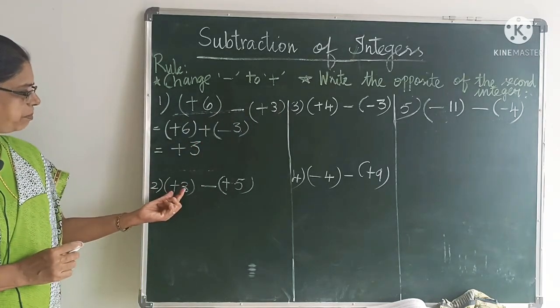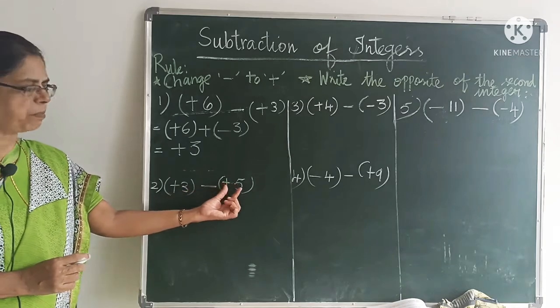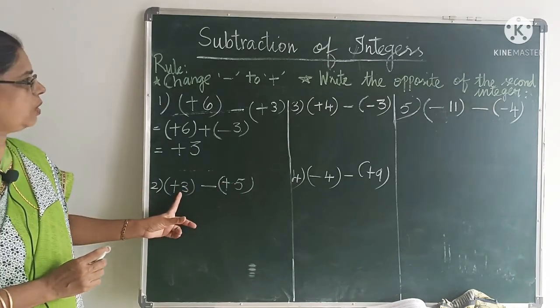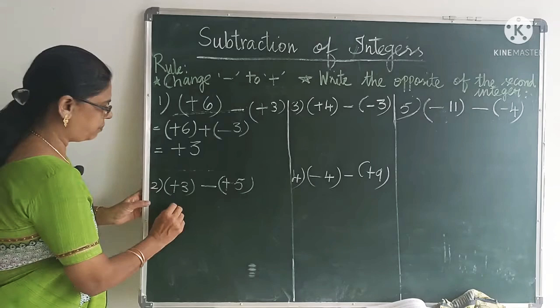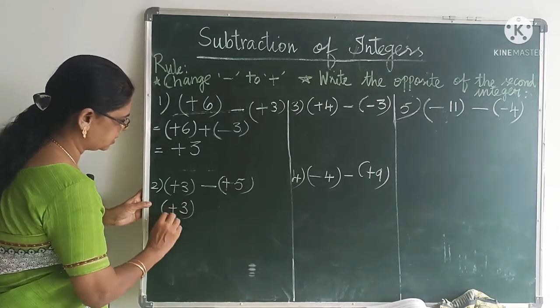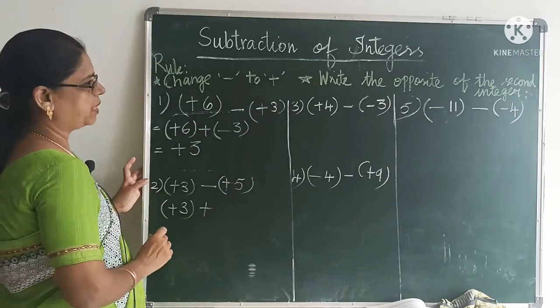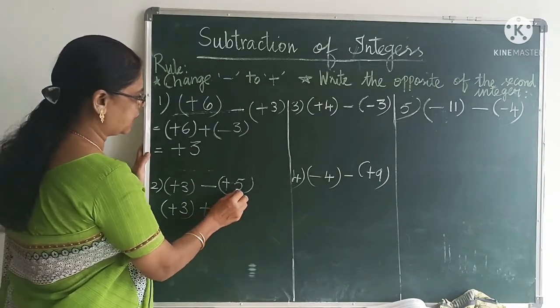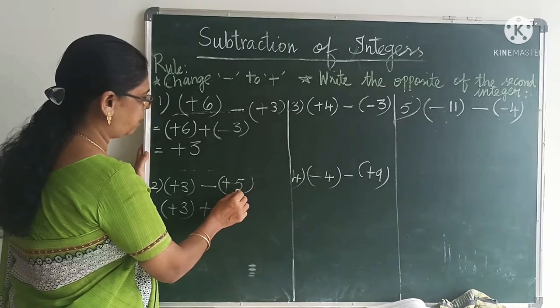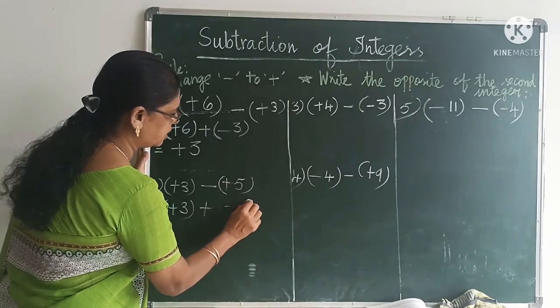Next one. Plus 3 minus plus 5. What is the rule? Copy down the first integer as it is. And then change minus sign into plus sign. And then write the opposite of the second integer. What is the opposite of plus 5? It is minus 5.